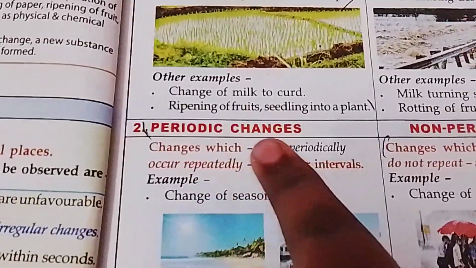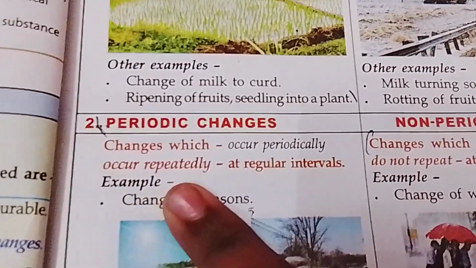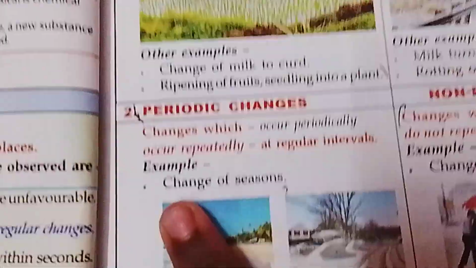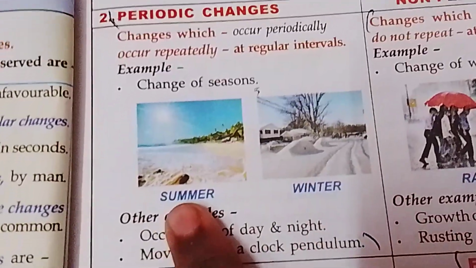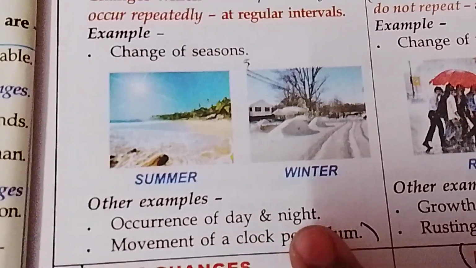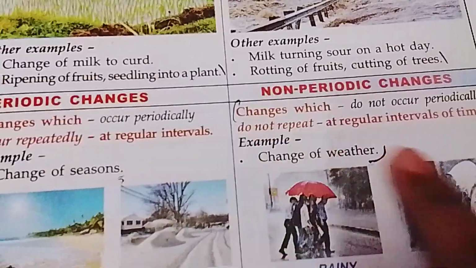Second, periodic changes. Changes which occur repeatedly at regular intervals. Example, change of seasons, summer, winter. Other examples, occurrence of day and night, movement of a clock pendulum. Non-periodic changes.